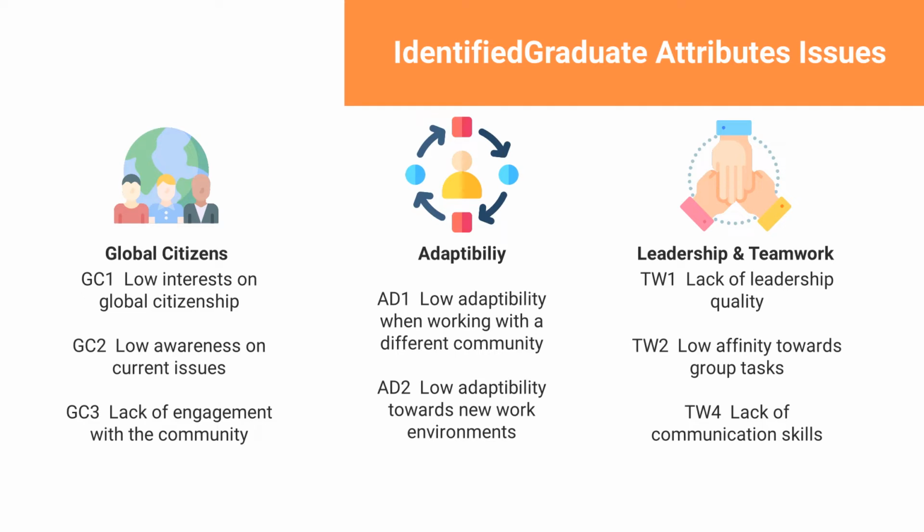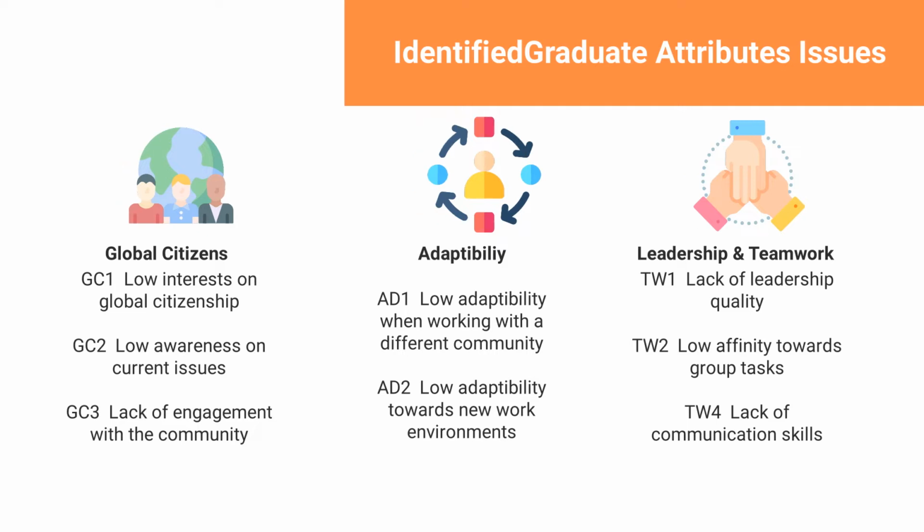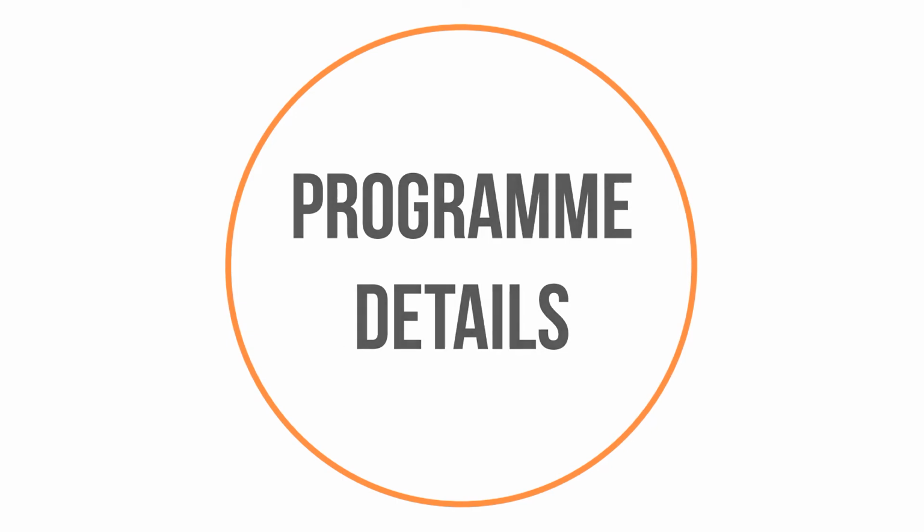Second one is students' low affinity toward group tasks. And the last one is students' lack of communication skill. That's all from me. Next, I will present the proposal for the outreach program and the details.